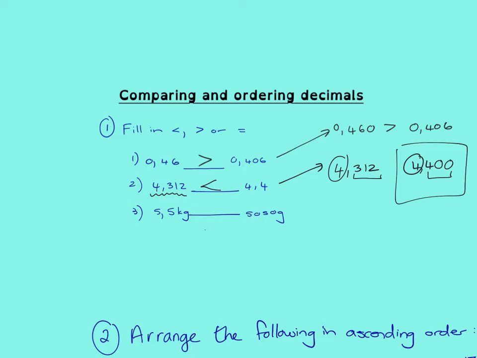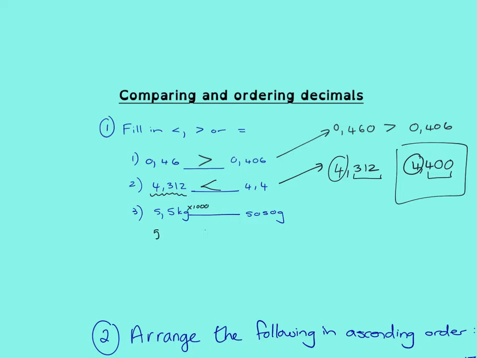For the next one, we have to compare 5.5 kilograms and 5,050 grams. So the problem is we need to convert either both into kilograms or both into grams. Here it really makes no difference. They haven't specified which one. So if you want to convert to grams, you're going to times by 1,000.